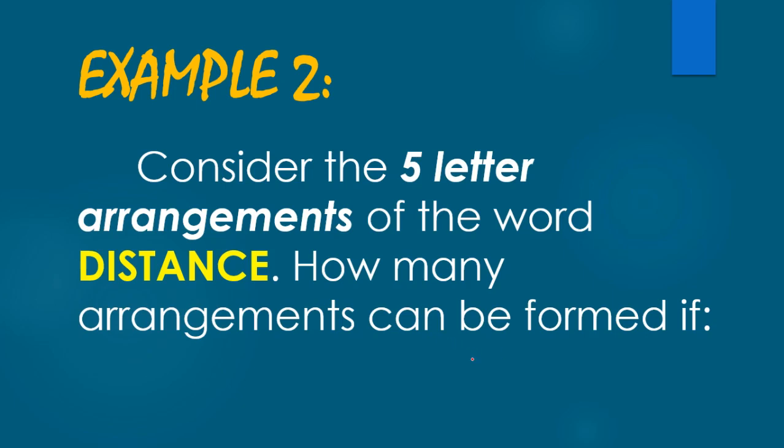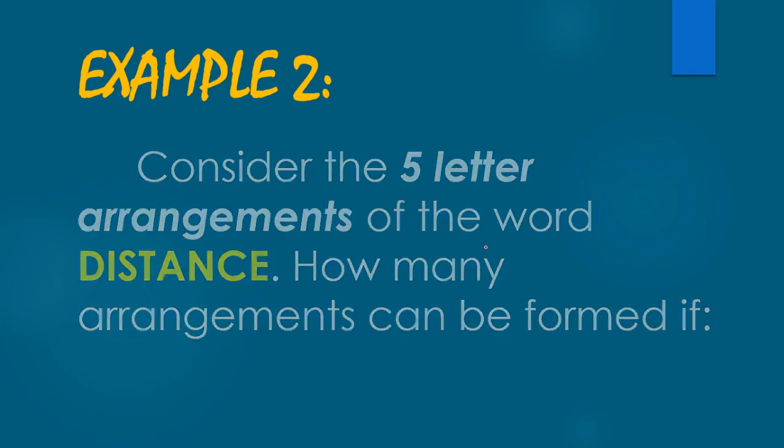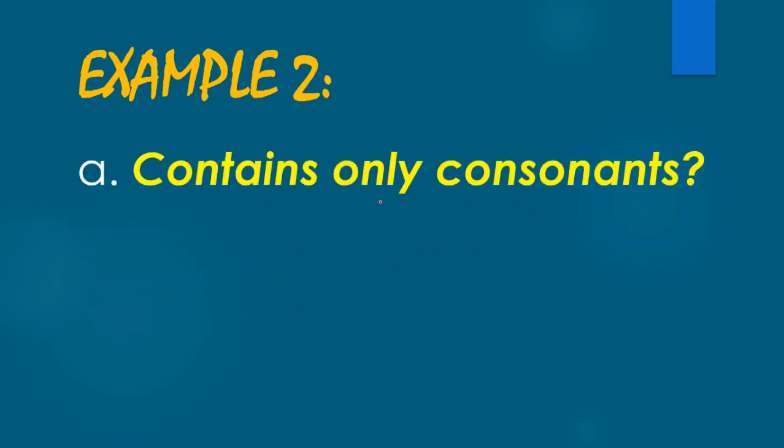So in this case, the value of r is 5 and our n, 1, 2, 3, 4, 5, 6, 7, 8, we have 8 letters as the total letters from the word distance. And then we just have to take 5 letters. So the first condition, it contains only consonants. So again, we have to take 5 letters only.